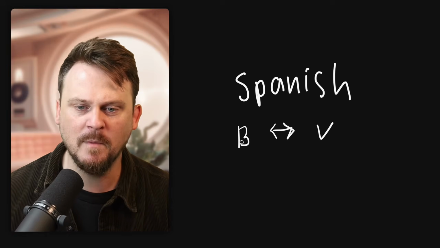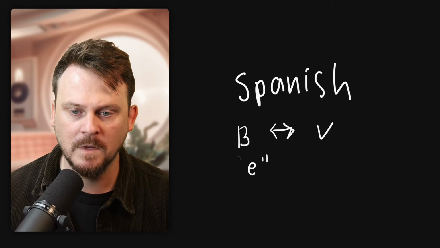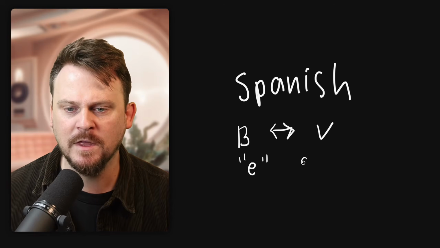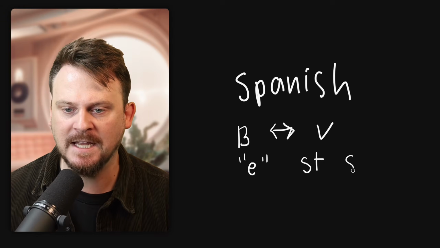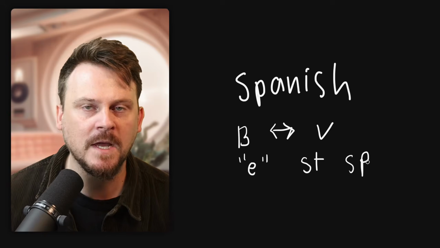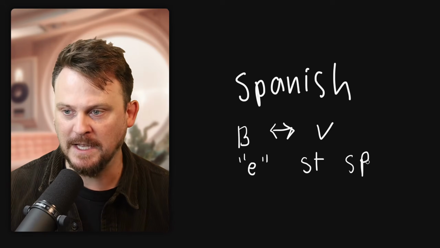Another one that's really common for the Spanish accent would be the E sound in front of words that start usually with ST or SP, right? So for example, a stadium, right? Now, that's an interesting one.